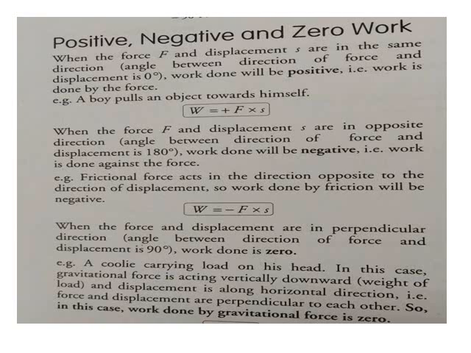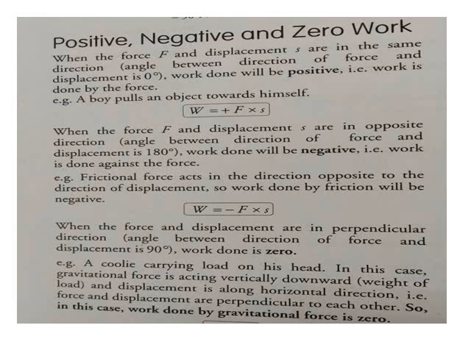Example, take the case of a boy who pulls an object towards himself. So you would have seen some toy cars being pulled by the children. So in this case, the direction of the pull is the same as the direction of the cart moving.